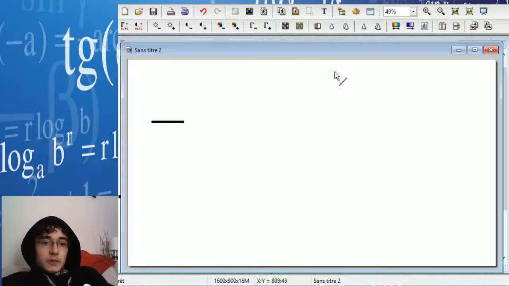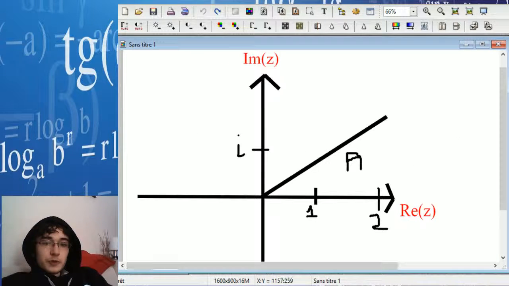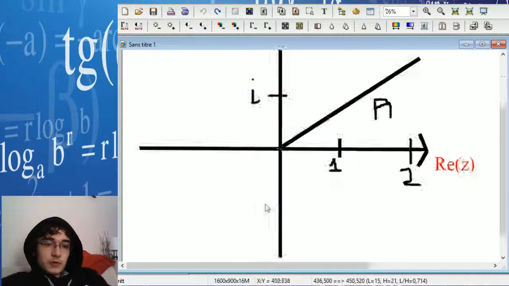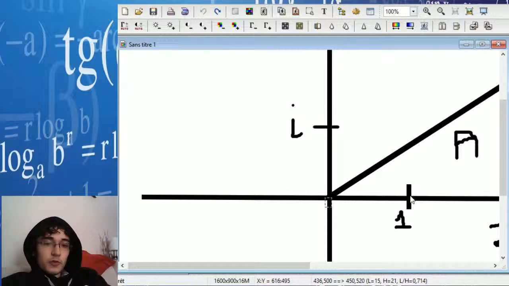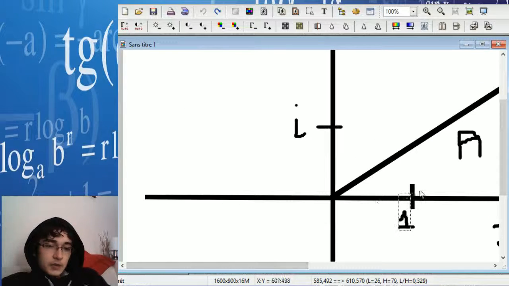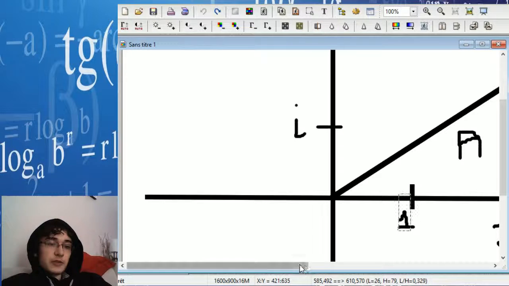Okay, so let's go back to the previous scheme. I can't remove anything. So imagine you want the solution of something to the power 3 equals 1. So you want something so that when you apply it 3 times, you will come back to the one, the real one, the one that is on the real axis. So when you put something to the exponent 3, the module will be to the exponent 3, but since it's 1, the only solution is that the module is 1.